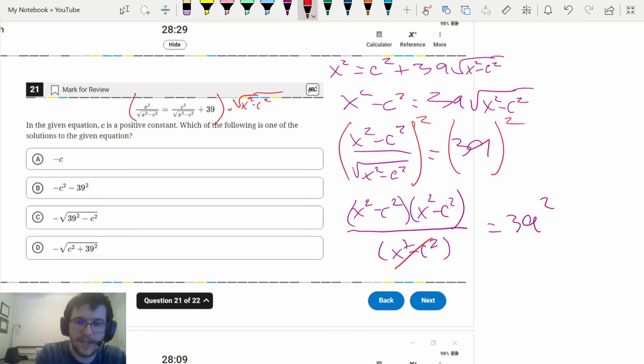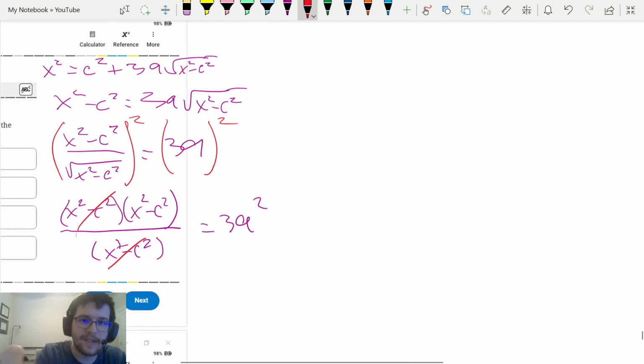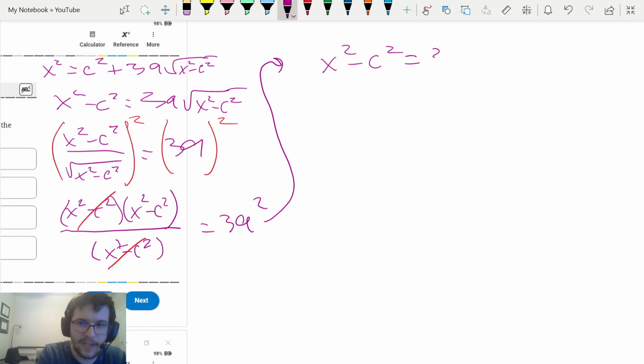Notice how one of these guys goes away. And we get x squared minus c squared equals 39 squared. Get x by itself. So x squared equals c squared plus 39 squared.